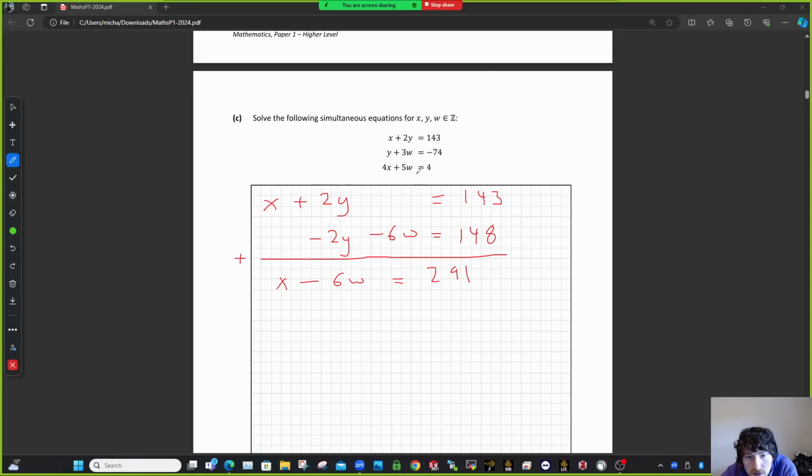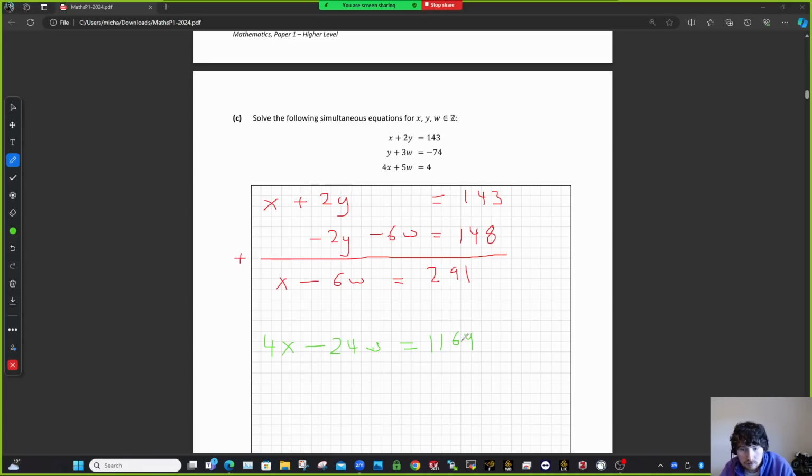So what we'll do now is take that bottom one and multiply it by minus 4. Actually, the way I have it done here in the copy, I'll stick with that. I multiplied this one by 4, so that's 4x minus 24w, and this one by 4, which is 1164.